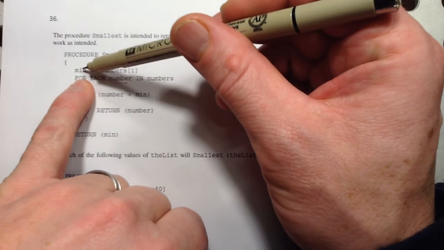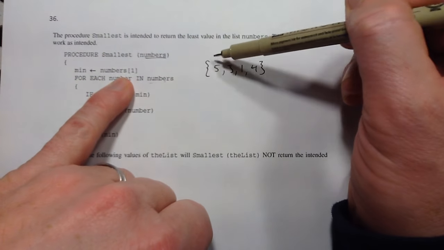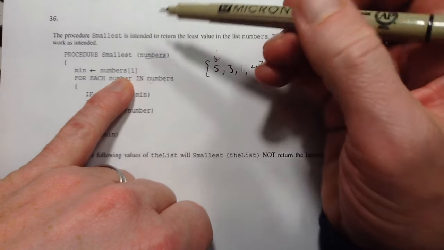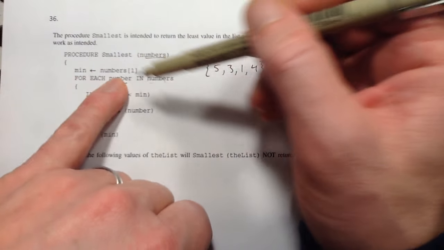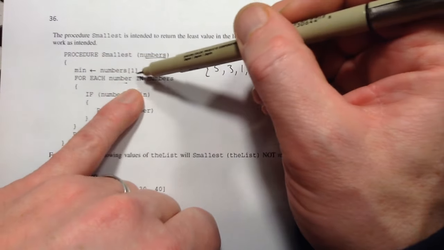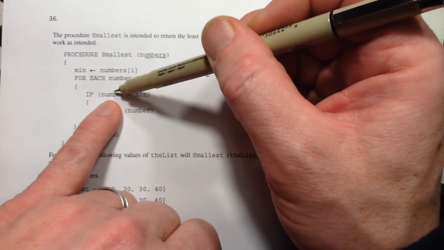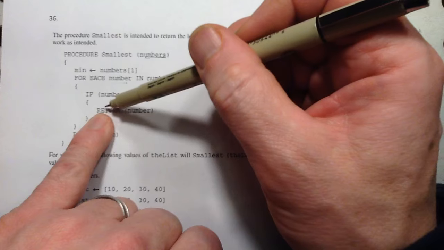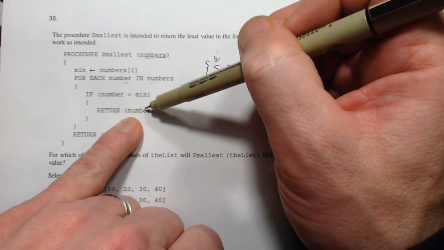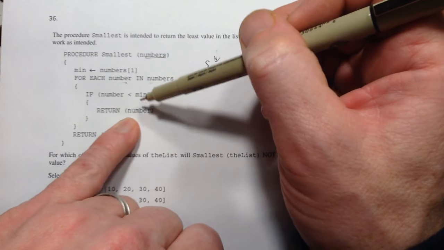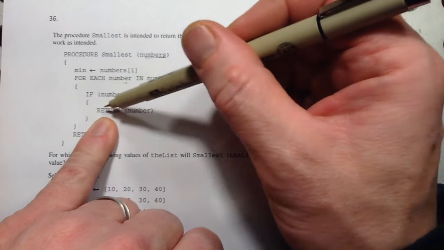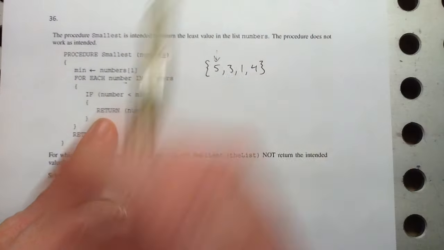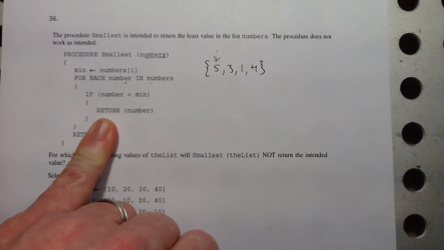It's going to take minimum and set it equal to the first thing in numbers, so minimum will be equal to 5. So for each number in numbers, if the number is less than minimum, then return number. The problem here is as soon as you get to a return statement, that's the end of that procedure. It's going to return that thing and that procedure is done.